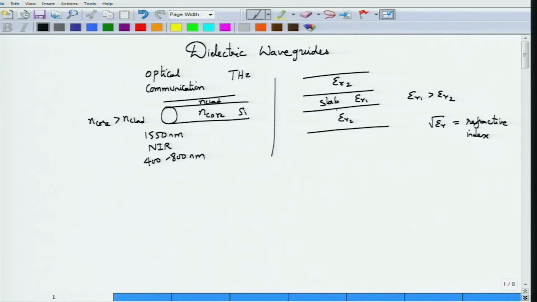So this is a slab, but the slab is covered with two different refractive index materials: there is a covering from the bottom as well as from the top. In optical interconnects or photonic devices these are named differently. They are named the substrate, the film, and the cover. Usually the substrate is quite large in width, and the film is quite small.